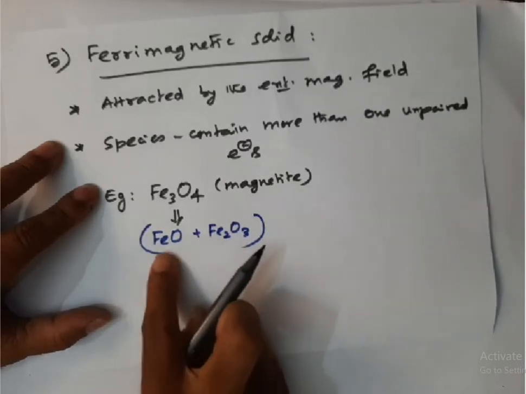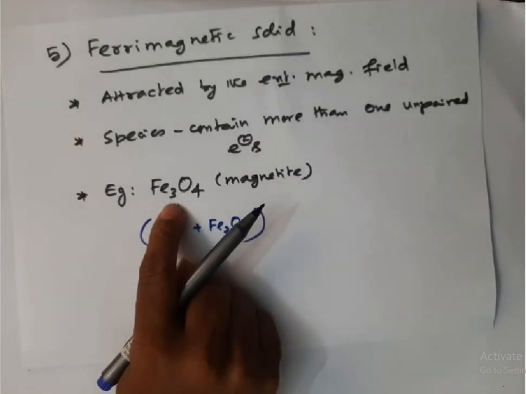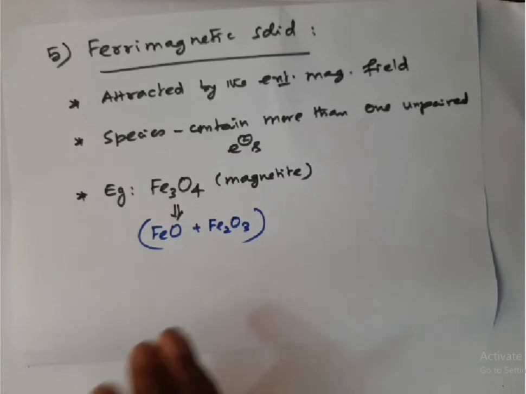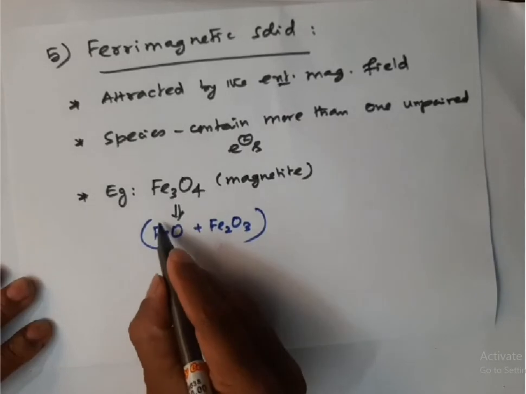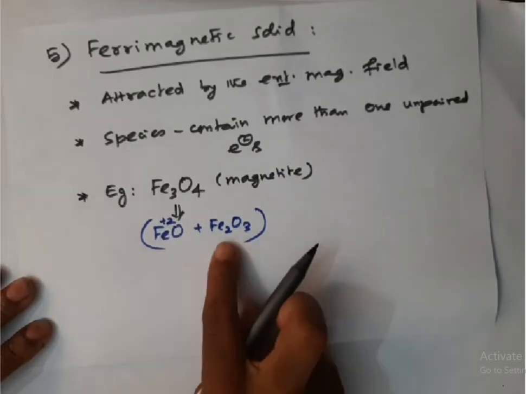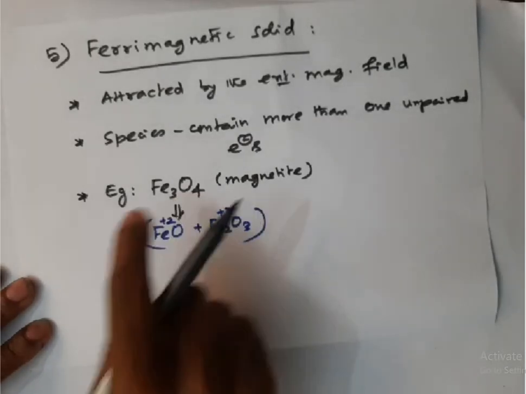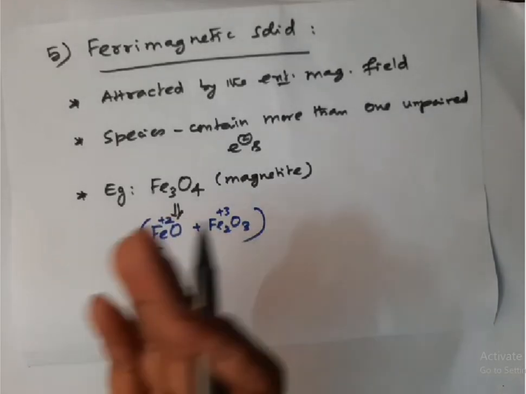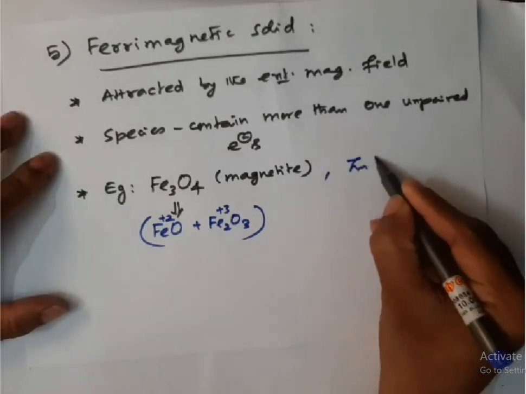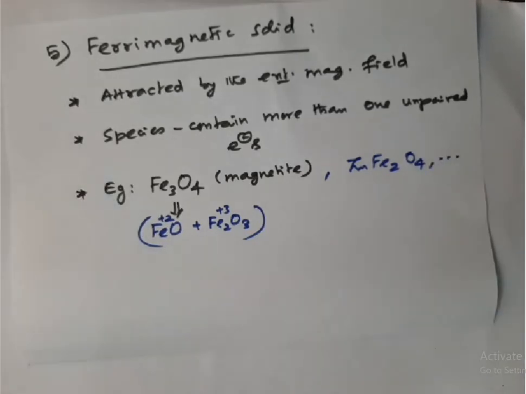If you combine, you will get Fe3O4. So this oxide is sometimes called ferroso-ferric oxide, because it contains ferrous oxide, where iron is +2, and ferric oxide, where iron is +3. We have many examples actually, such as ZnFe2O4.